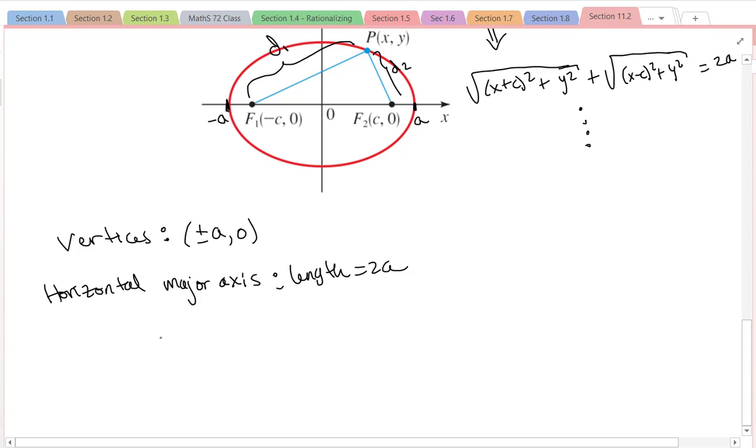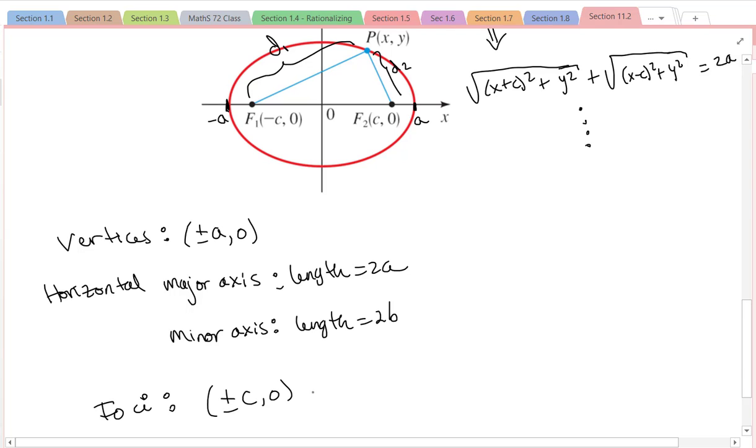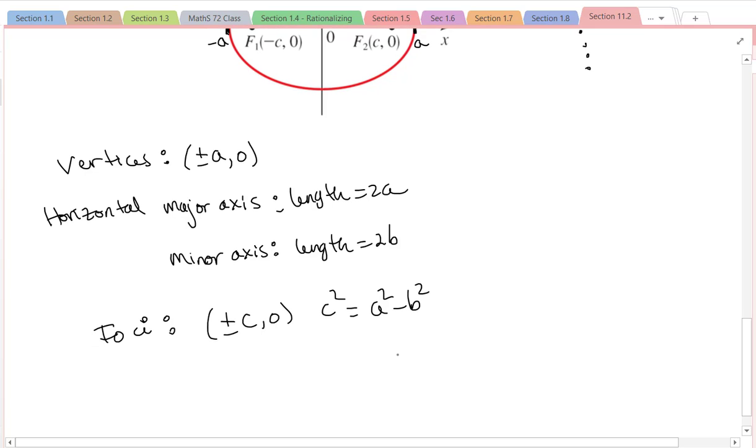The minor axis, the length is 2b. And the foci are plus or minus c, comma 0, where c squared is equal to a squared minus b squared. So this is for a horizontal major axis.